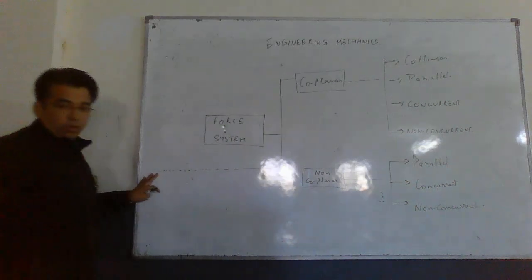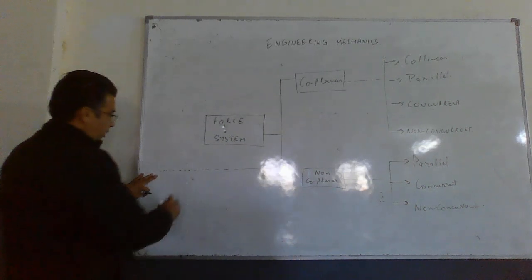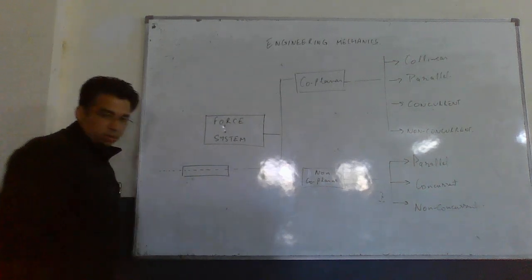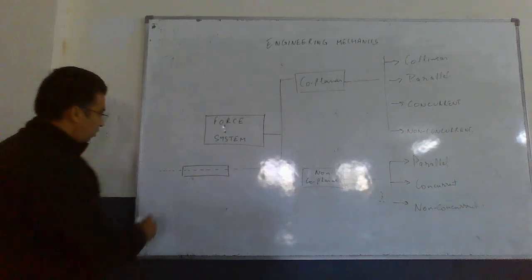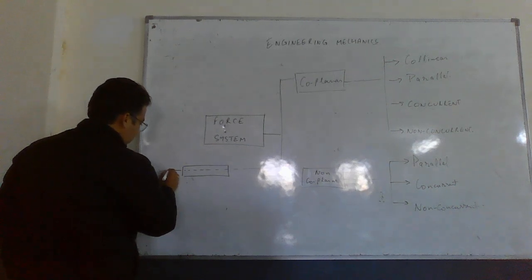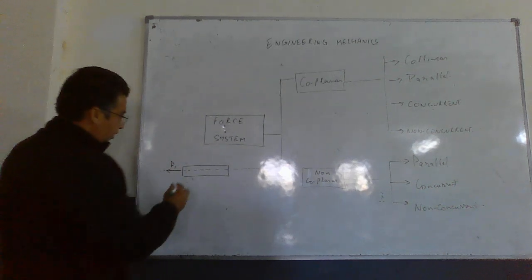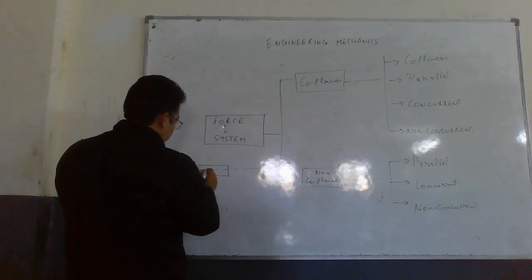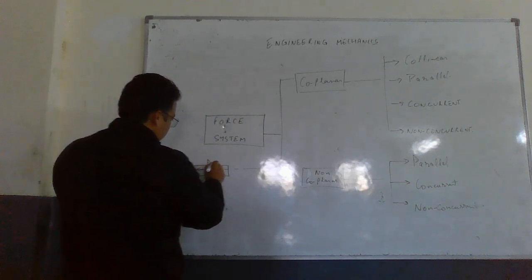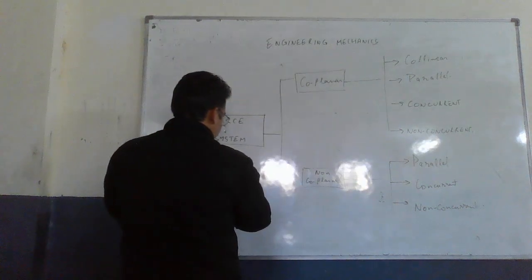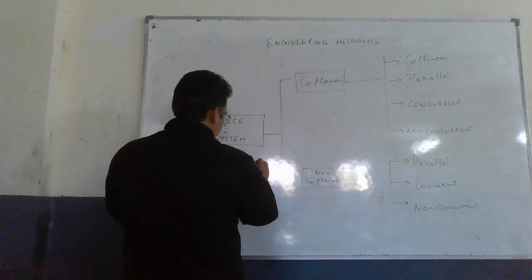Then represent this with a block and mention these forces. Suppose I have your P1 representation. Similarly, I have your P2 representation and I have your P3 representation, where the direction of force is opposite. So I have P3.